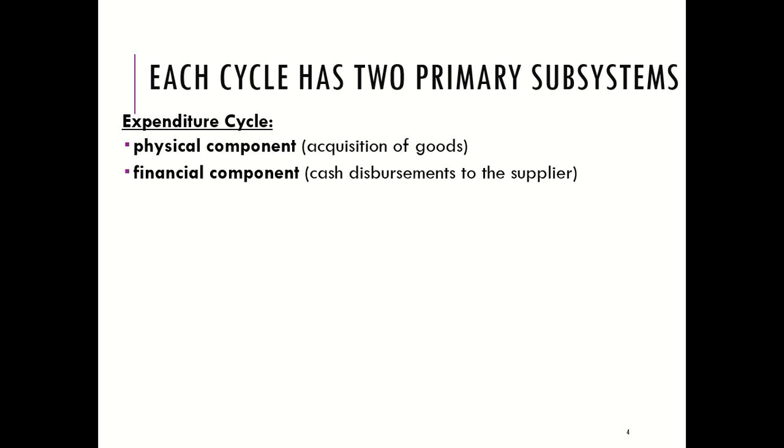Now, the two subsystems under this cycle are the physical component, which is the acquisition of goods or services, and the financial component, which includes the cash disbursement to the suppliers. So the major subsystems of the expenditure cycle are technically an extension of what will happen in this cycle: the acquisition of goods as well as cash disbursement.